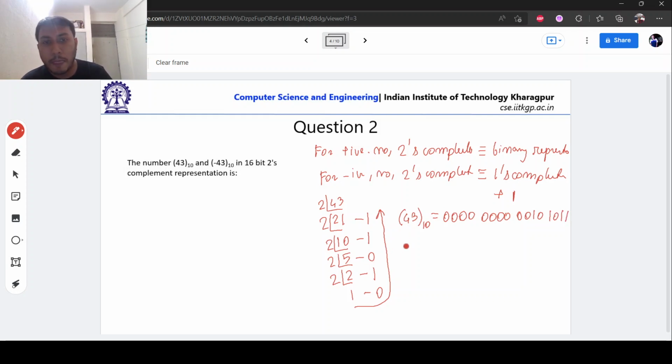Okay, now for the negative number, for minus 43 base 10, what we will have to do is take the 1's complement of this, plus we'll add 1. So how to find the 1's complement? Finding the 1's complement is very simple. You just reverse each bit of this string.